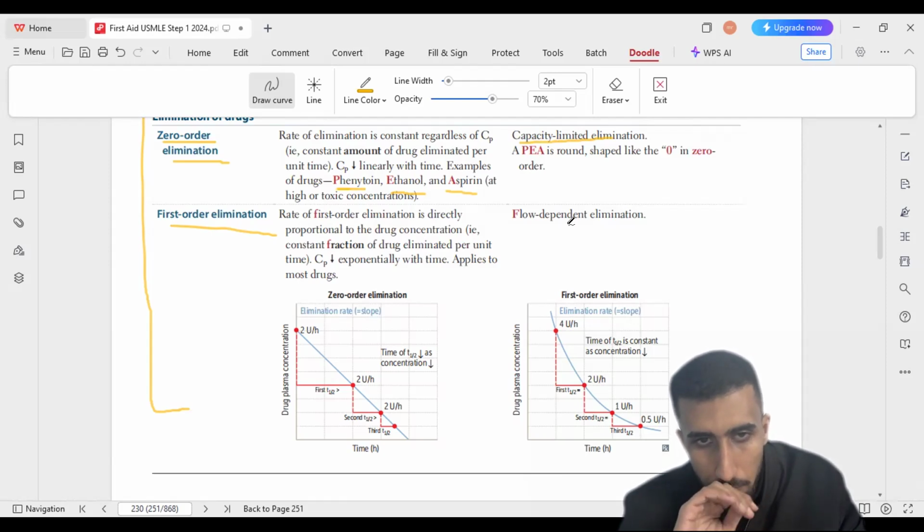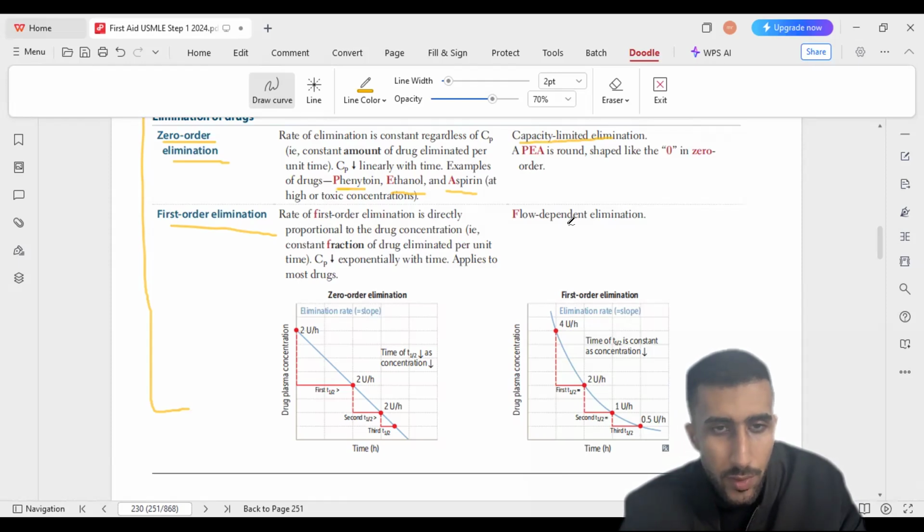A constant fraction of the drug is eliminated per unit of time, and it decreases exponentially with time. This applies to most drugs. You have to know that most drugs have first order elimination, but for zero order elimination you have to memorize phenytoin, ethanol, and aspirin.